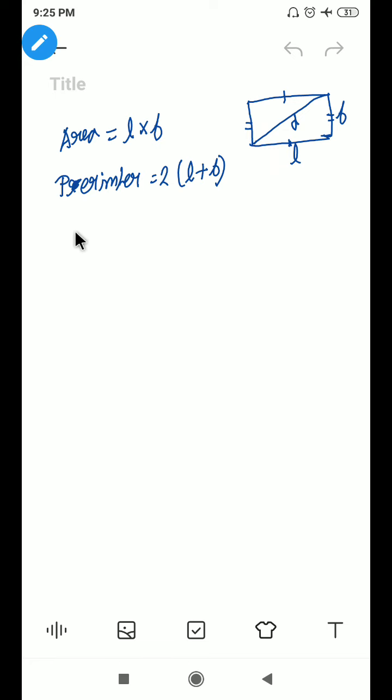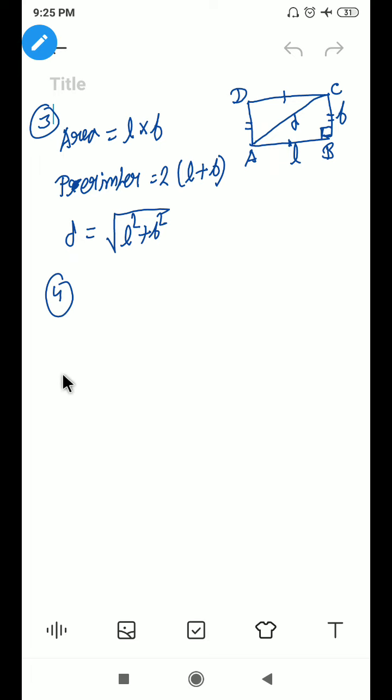D is equal to, this is a hypotenuse. If you consider this triangle ABC, then we can see that this one is a right angle triangle and AC is the hypotenuse of this right angle triangle. So how to find out the hypotenuse? This will be D is equal to root over L square plus B square.